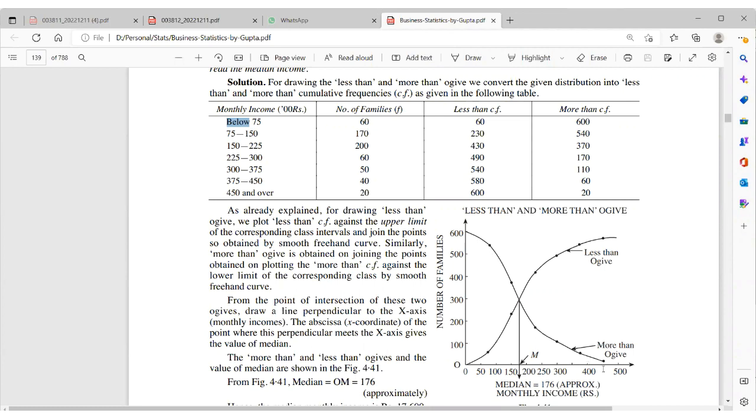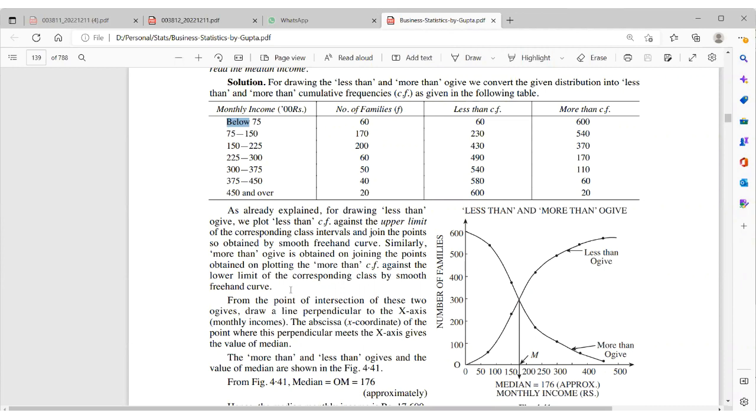Join these points. This type of graph is called the more than ogive curve. Is that clear? Yes, sir. The intersection of these two curves, the less than ogive and the more than ogive, is the median.